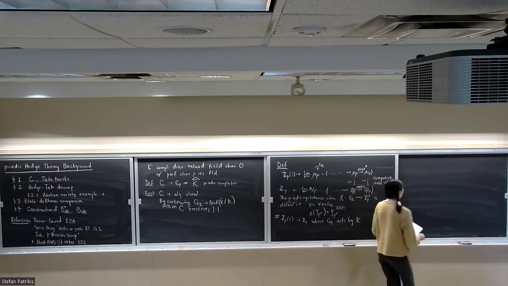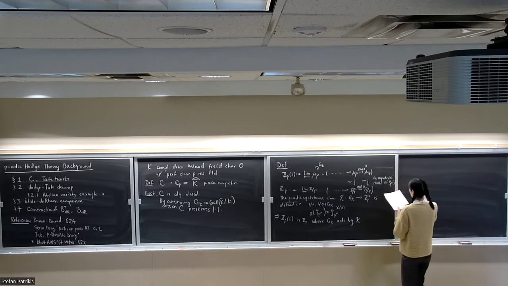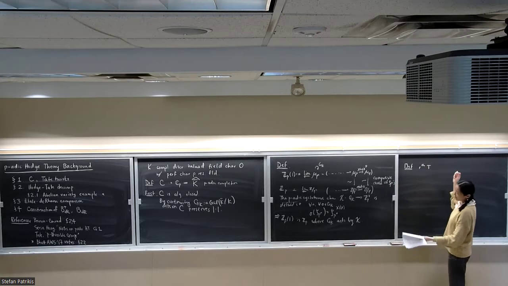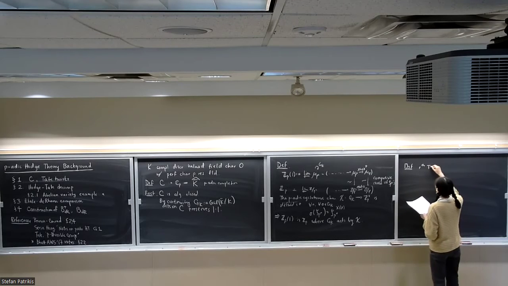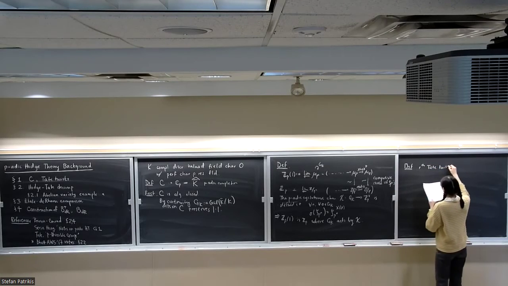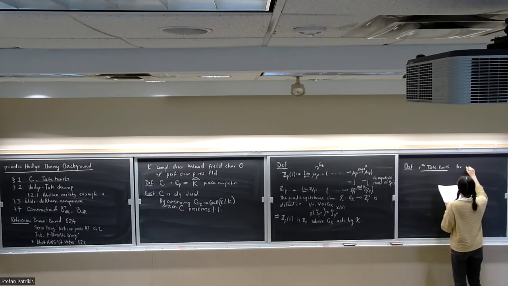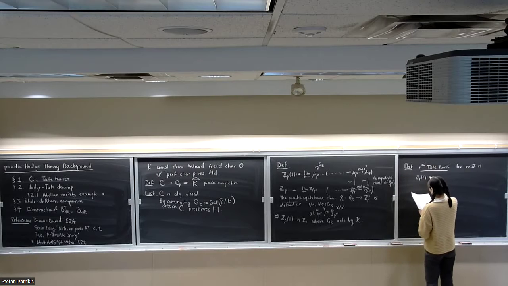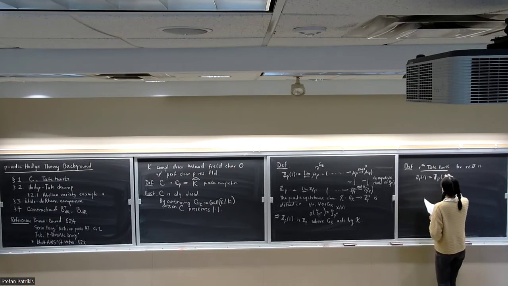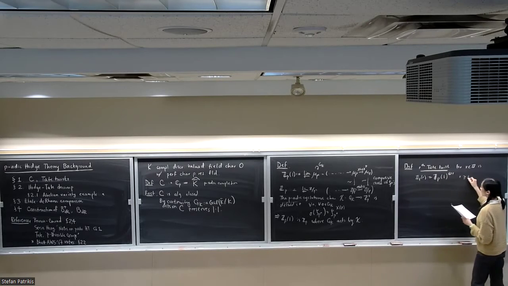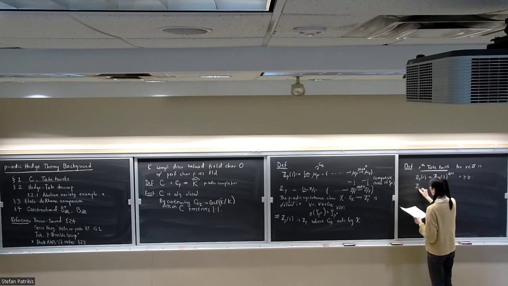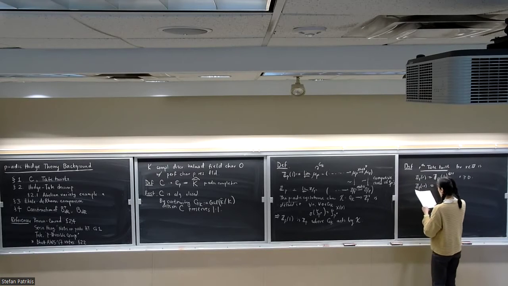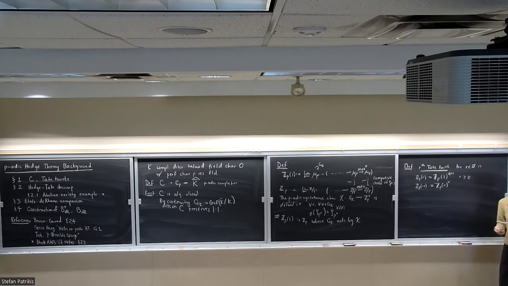And then analogously, we can define the r-th Tate twist as just being the r-th tensor power of Z_p twisted by 1, for r greater than or equal to 0. And then for negative twists, that's just taking the dual of the r-th Tate twist.